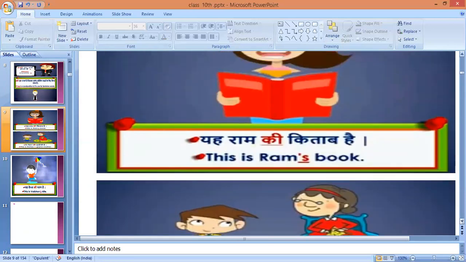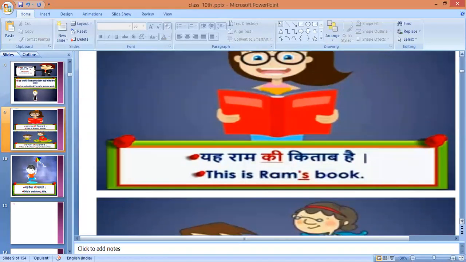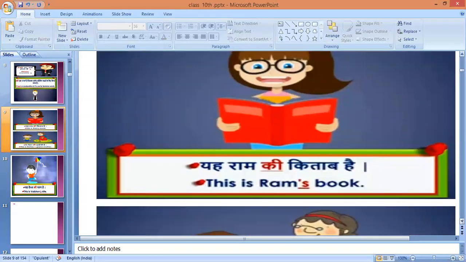In Hindi we have only two genders: masculine gender and feminine gender, pulling and striling. All non-living things also are placed either in the feminine or the masculine gender. So here kitab is feminine gender, that's why बड़ी ई की मात्रा की is used.